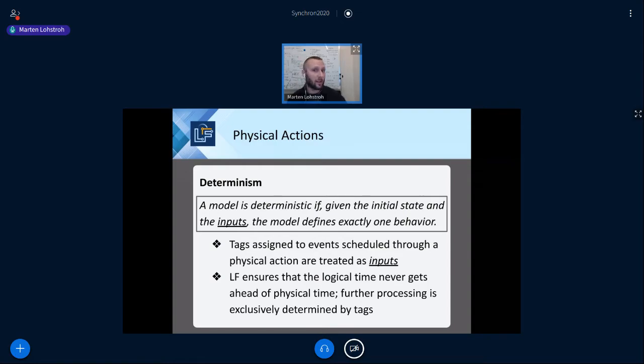And therefore, they are inputs to the system, just like the values associated with those events. And the system reacts deterministically to those inputs. And the outcome of the further processing, assuming that the reactions themselves, of course, are not a source of non-determinism, is exclusively determined by those inputs. So our coordination itself does not introduce non-determinism.